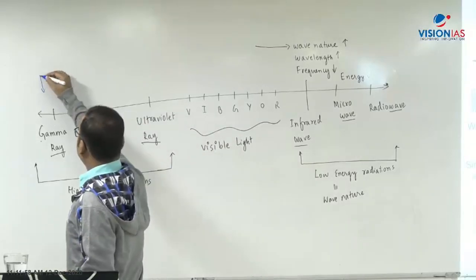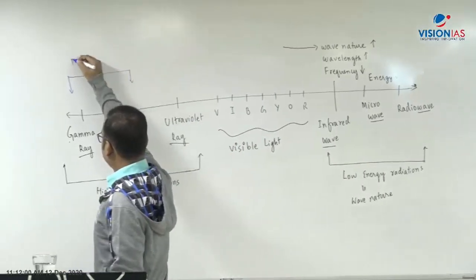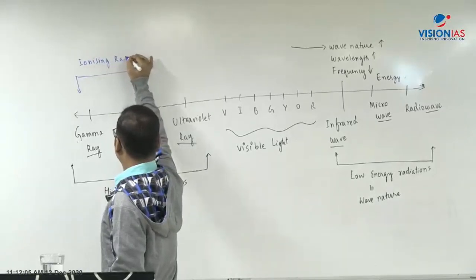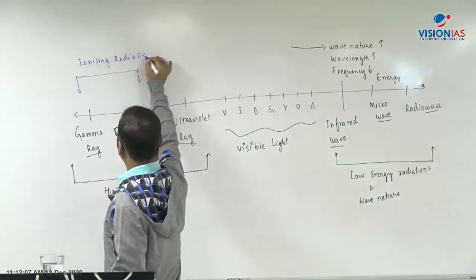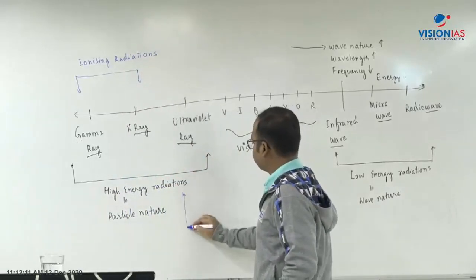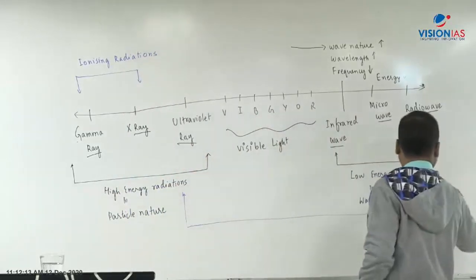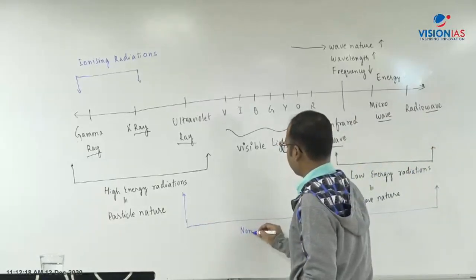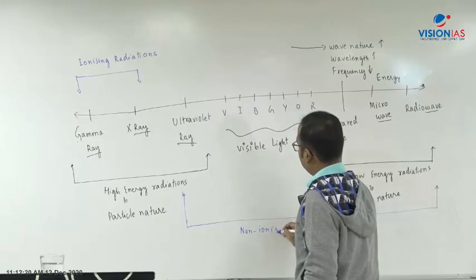Gamma ray and X-ray are known as ionizing radiations. The rest, from ultraviolet to the others, are known as non-ionizing radiations.